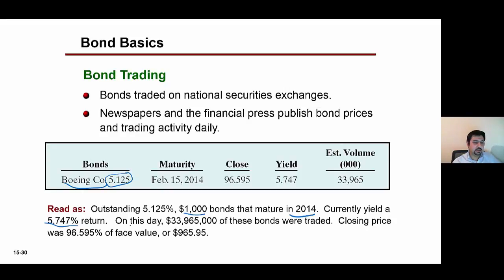And on this day, the volume that was traded is 33,965,000 bonds were traded on that day. The closing price was 96.595. This means it is 96.595% of the face value, which is $965.95.